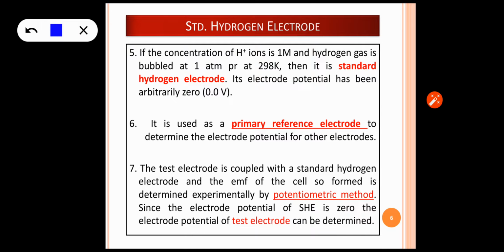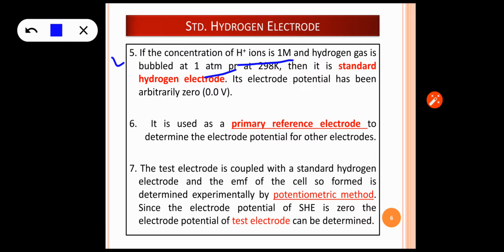Why the name standard hydrogen electrode is given? Because we are maintaining the standard conditions such as the concentration of H plus is 1 molar and the hydrogen gas bubbled is 1 atmospheric pressure at 298 Kelvin.